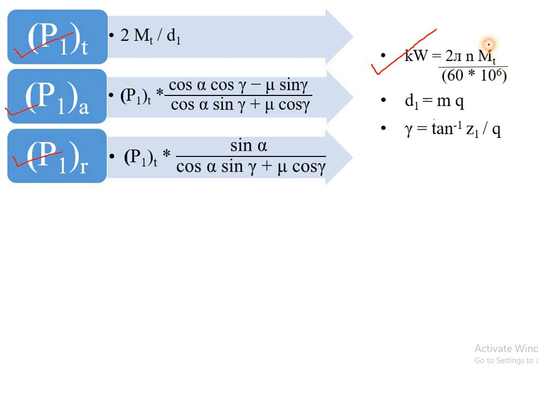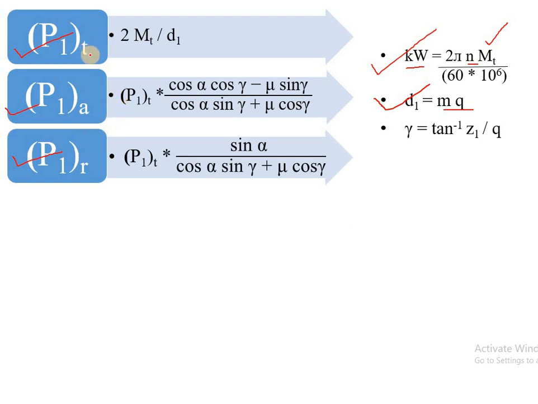Here MT is unknown; power is given and speed is given, so you can find MT from this. D1 is calculated by m into diametral quotient. So by using these two formulas, you can find P1T.